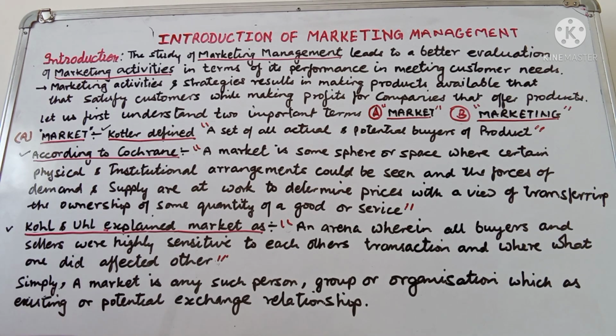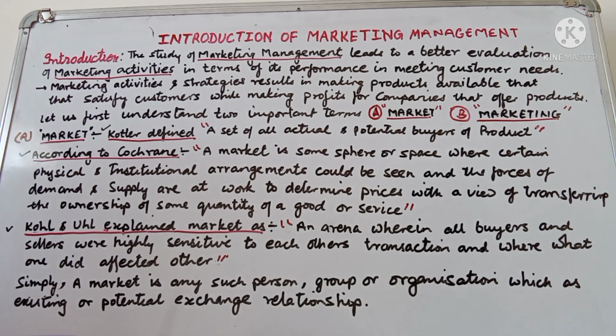That means there are two parties, one who is giving the offer in terms of a product, and the other who has certain problems and is looking out for a solution in terms of a product. Now, the number of customers for the product is what is termed the market.